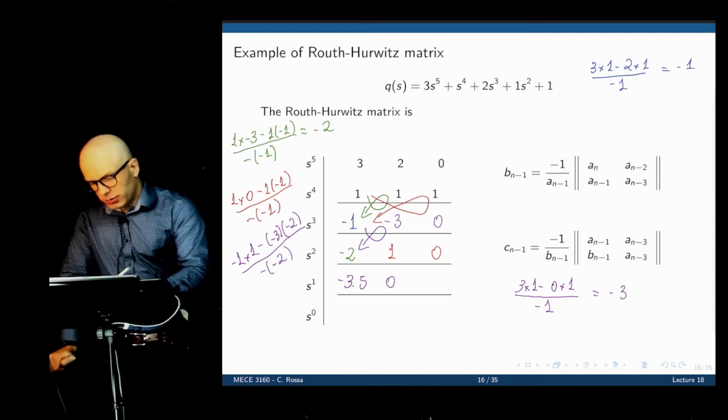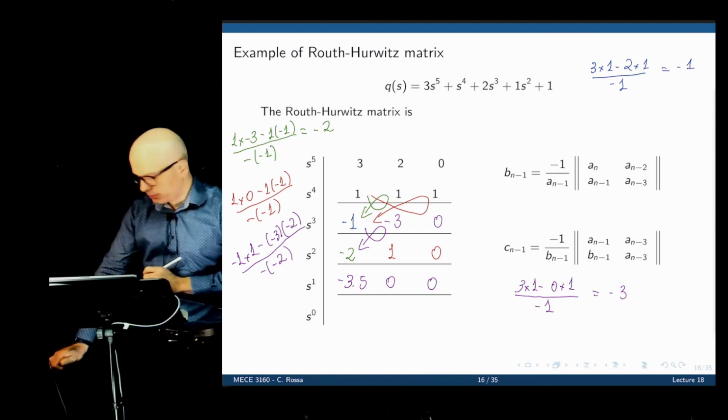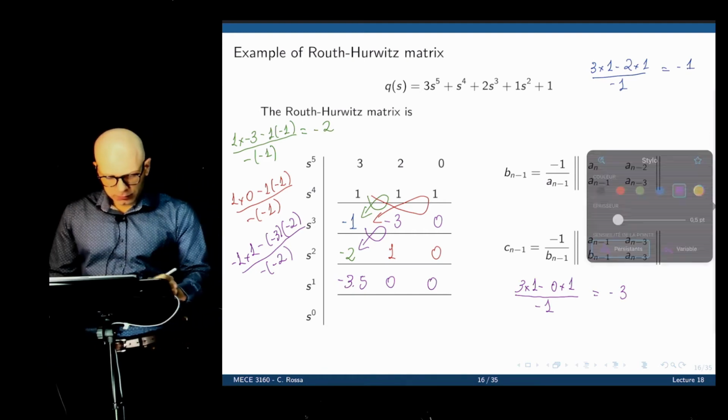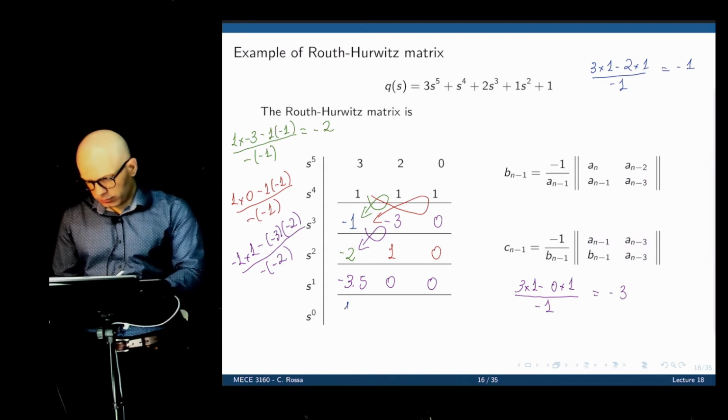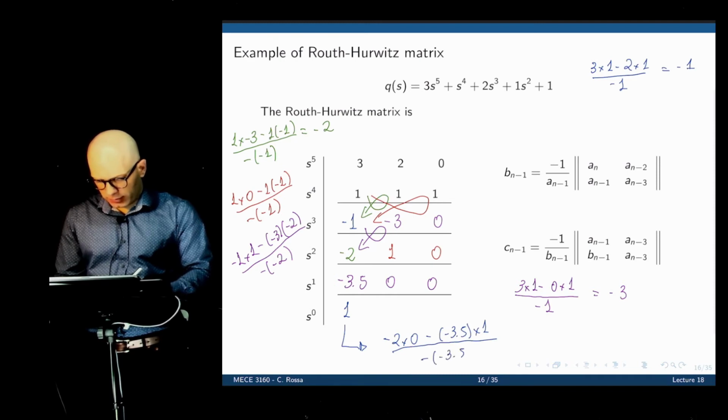Next one is 0. Next one is also 0. And the one under -3.5 is 1, which is -2 times 0 minus -3.5 times 1, or 1 times -3.5, divided by -3.5.